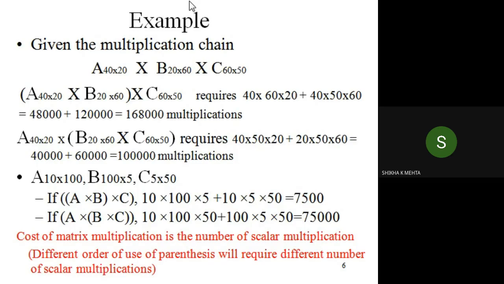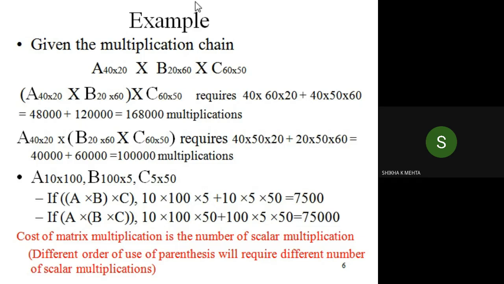The output will be a new matrix of dimension 20 by 50, and the previous matrix was 40 by 20, so the new value is 40,000 plus 60,000, which is equal to 1 lakh multiplications.